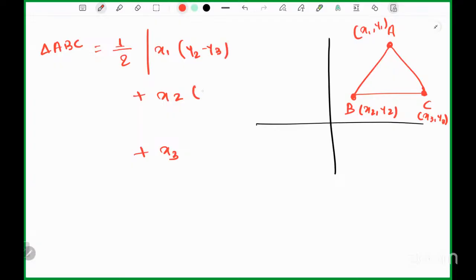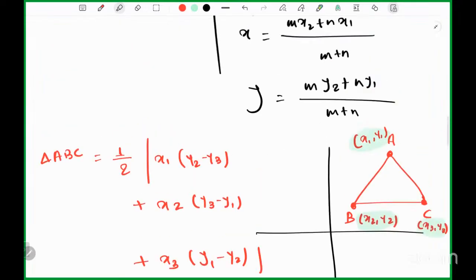If x2 is there, then y3 minus y1. If x3 is there, then y1 minus y2. So 1, 2, 3, 1, 2, 3, that sequence you have to maintain. Like this you can remember the formula of the area of a triangle. Using this formula, you can compute the area of any triangle whose coordinates you know. First of all, you should know the values of x1, y1, x2, y2, x3, y3.